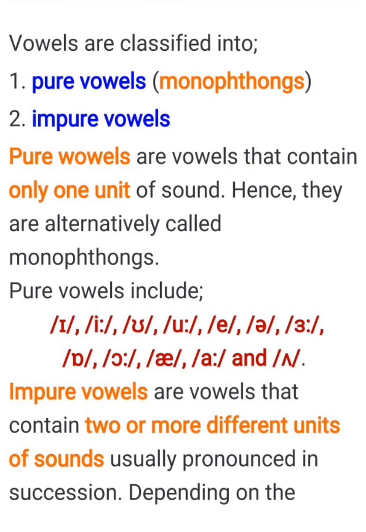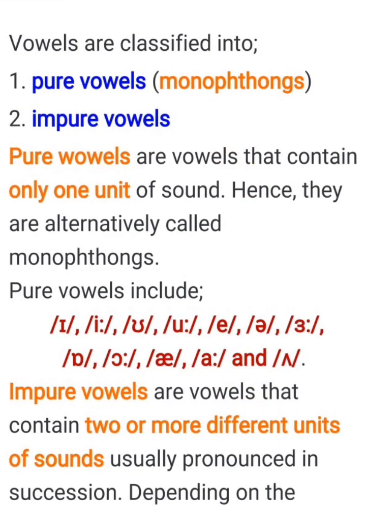Applying that now is the same here. Sounds that contain only one unit of sound, not two different sounds pronounced in succession or three different sounds pronounced one after the other. Just one, and the pronunciation is the same all through. You are not changing to another sound. We refer to them as pure sounds.